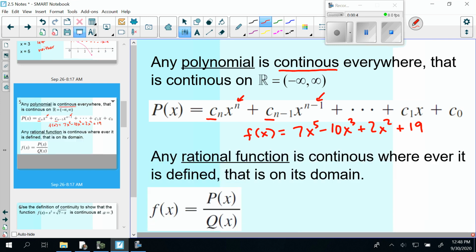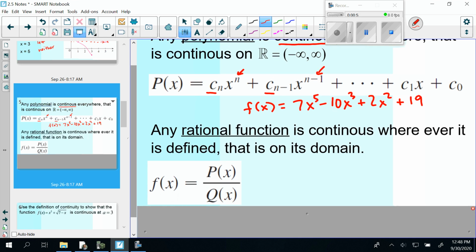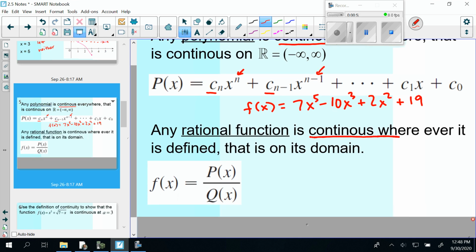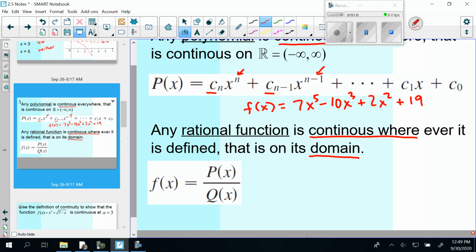Rational functions, which we've also looked at in the past, are also continuous everywhere except where you don't have numbers in the domain. And we know with rational functions, those are where the denominator will end up being 0.